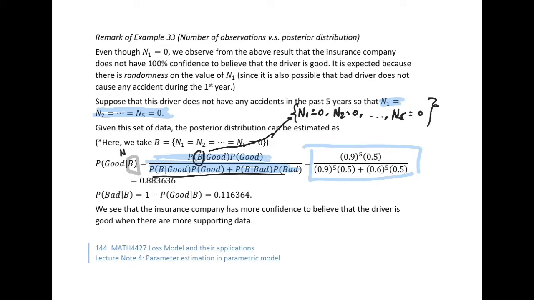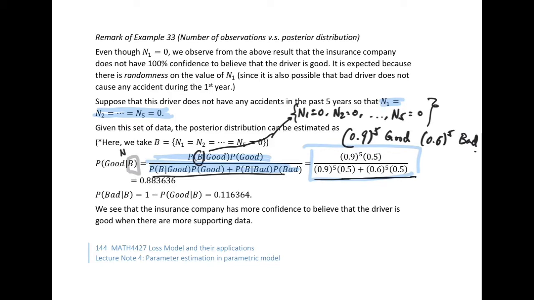Then this probability will be equal to 0.9 to the power 5 for a good driver, and 0.6 to the power 5 for a bad driver. Based on this, this probability will be equal to that. This is how you get this expression.